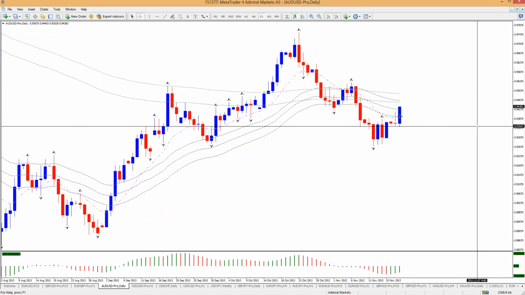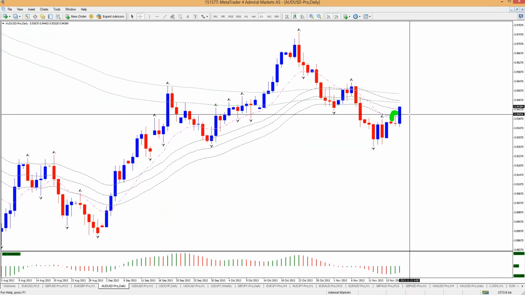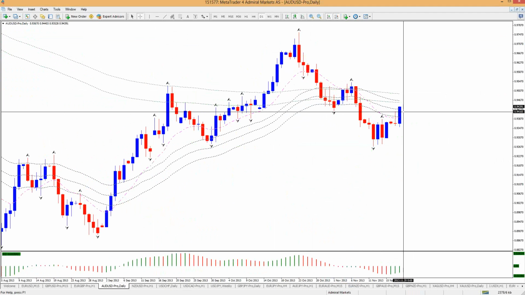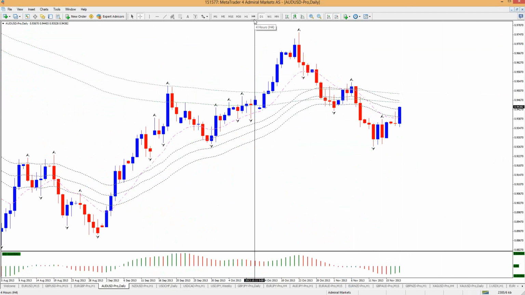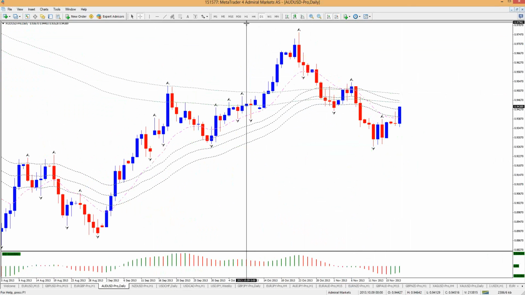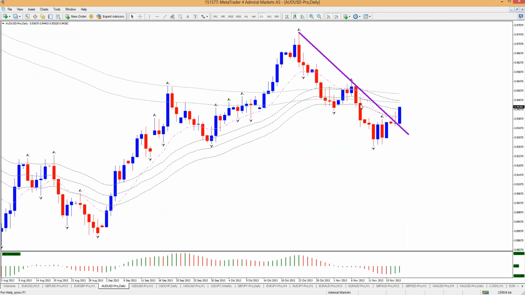And yesterday had a doji with more wick at the top than the bottom, but in the meantime, we've already broken yesterday's high. It's a pretty bullish start of the day for the Aussie. And looking like a breakout trade to the upside, in fact, now.